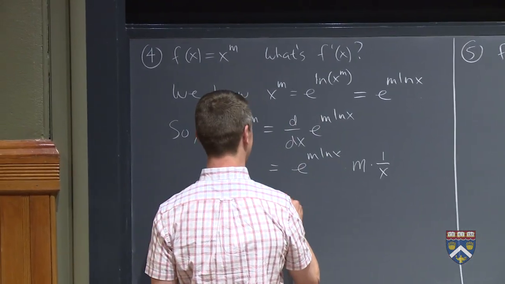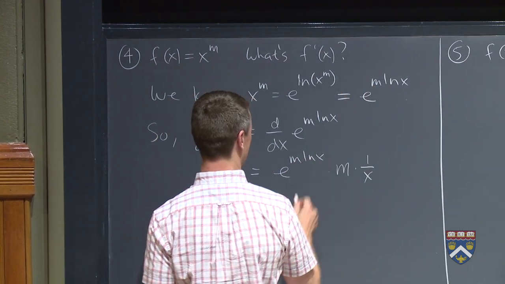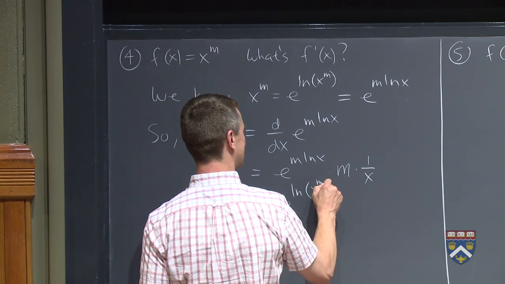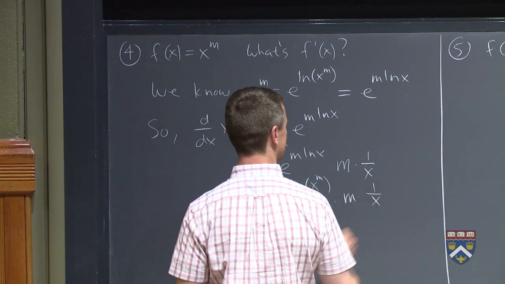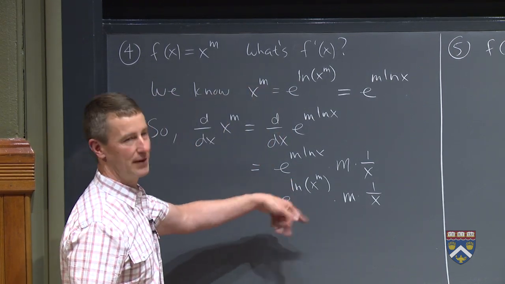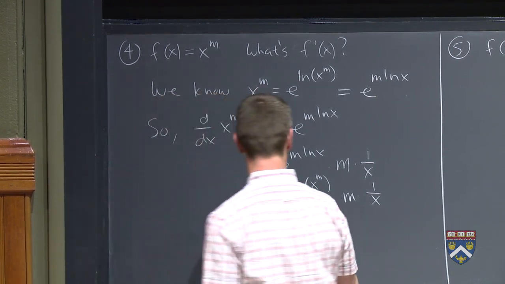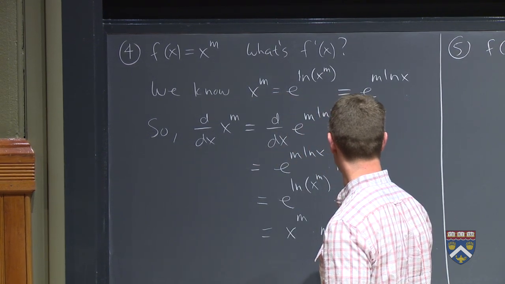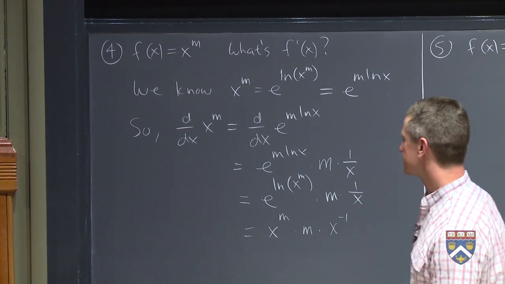Let's do it. So we can move this m back up using our same exponent rule that allowed us to move it down. So this is e to the ln of x to the m times m times 1 over x. But what is e to the ln of x to the m? Again, the power of inverse functions, they undo each other. This is x to the m times m. And 1 over x is the same as saying x to the negative 1, right?